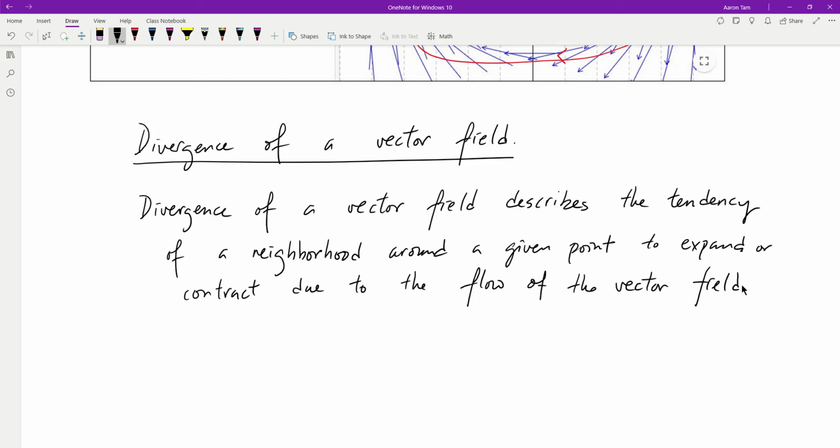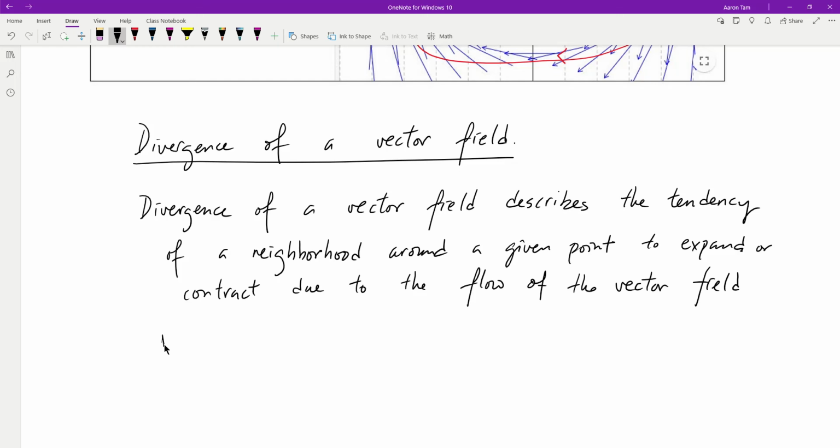When a neighborhood tends to expand, then the flow lines would have the effect of moving away from each other, and that's what the word divergence would imply, meaning that flow lines actually move away from each other. And when the neighborhood contracts, then it has the visual effect of forcing flow lines to flow toward each other. And that would be when we say they're converging to a single point or converging together.